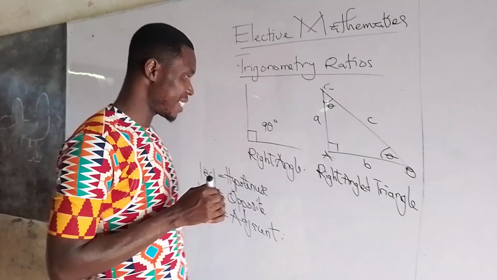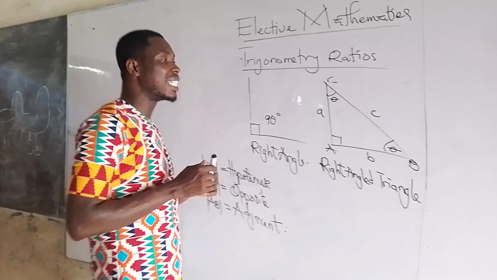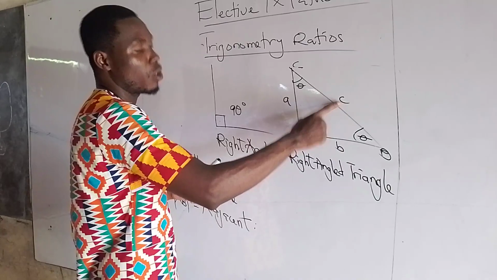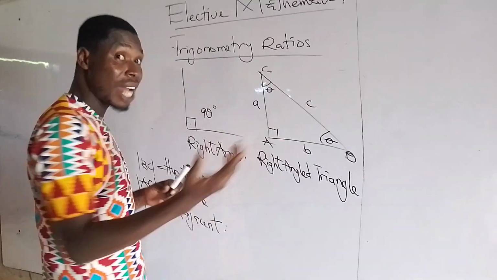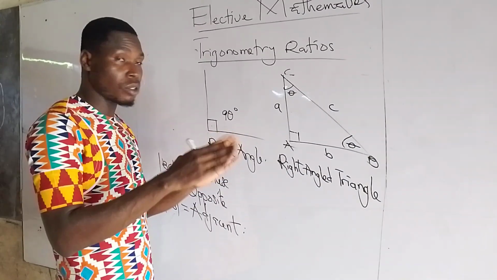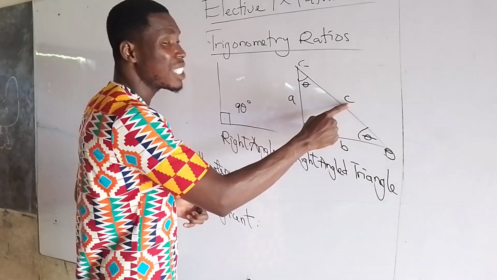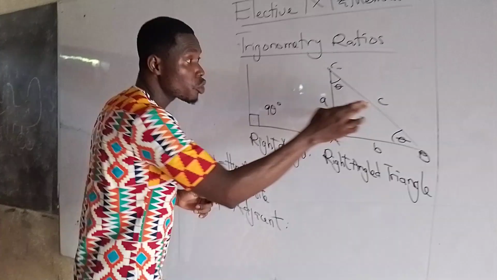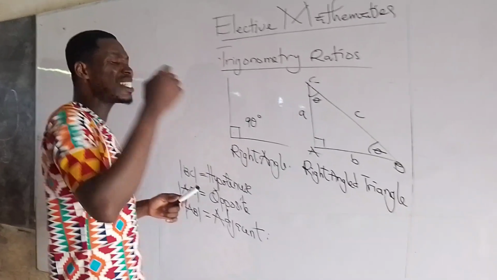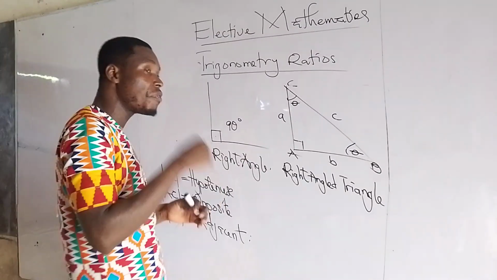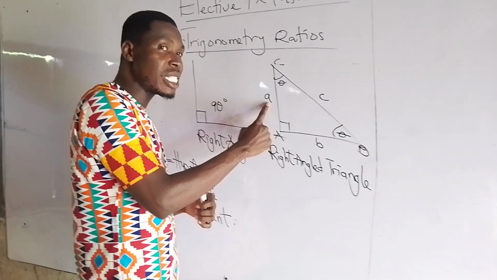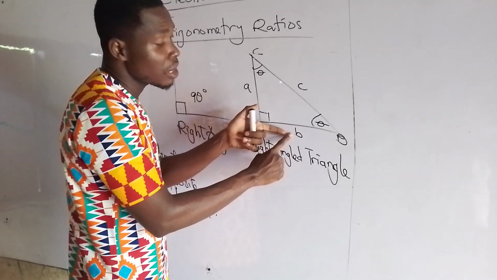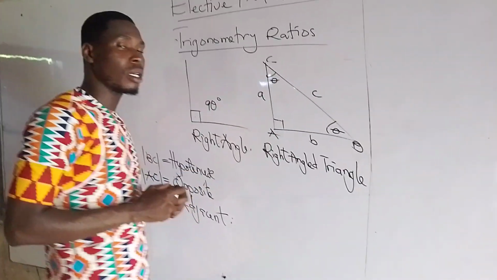Then Pythagoras also said something. He said that the area of the square formed by the hypotenuse is equal to the sum of the area of the square of the opposite and the area of the square formed by the adjacent.